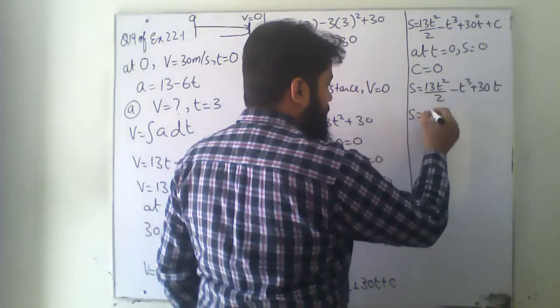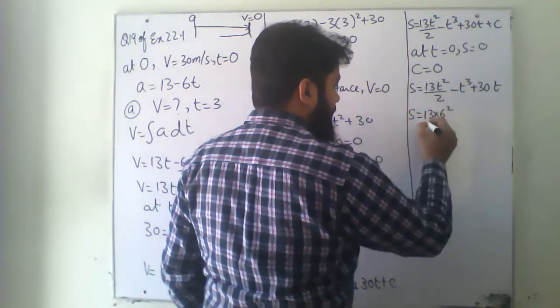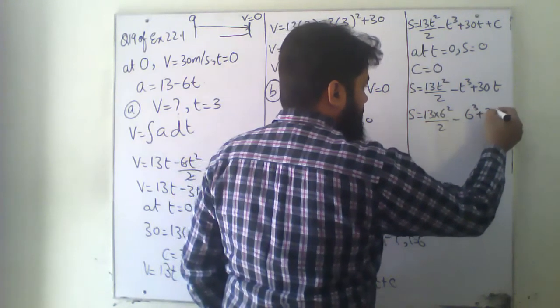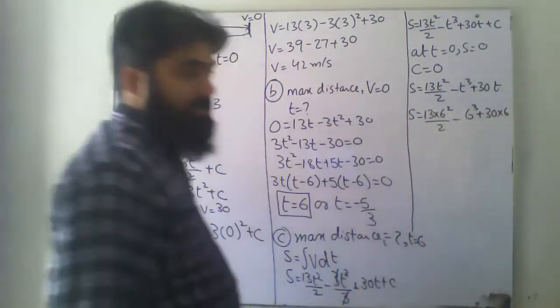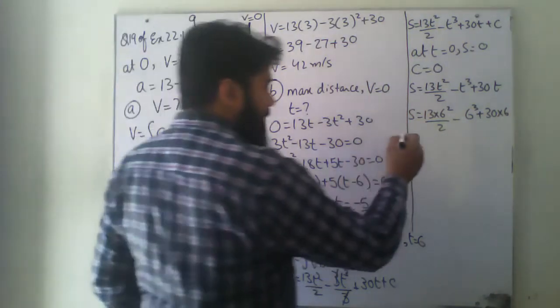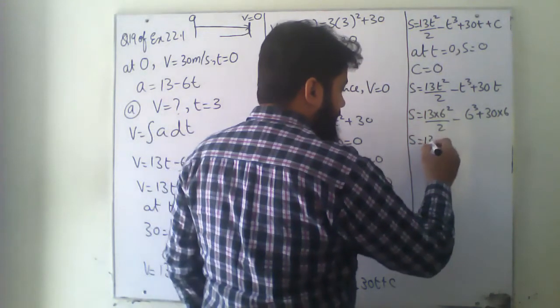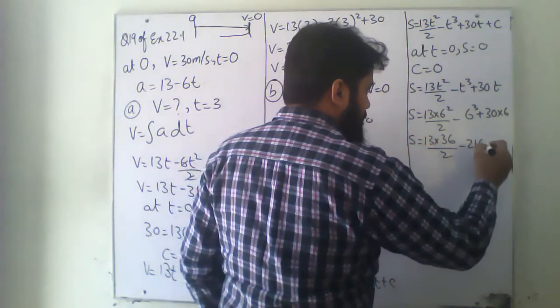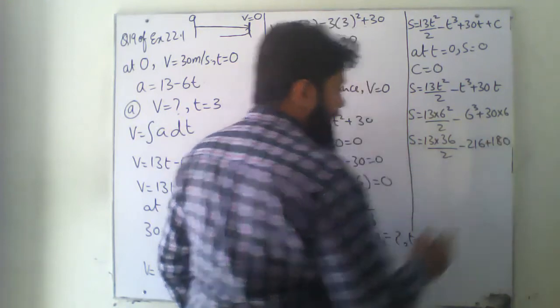So s equals to 13 into 6 square over 2 minus 6 cube plus 30 into 6. Okay. So when I'm going to simplify it, 13 into 36 over 2 minus 216 plus 180.